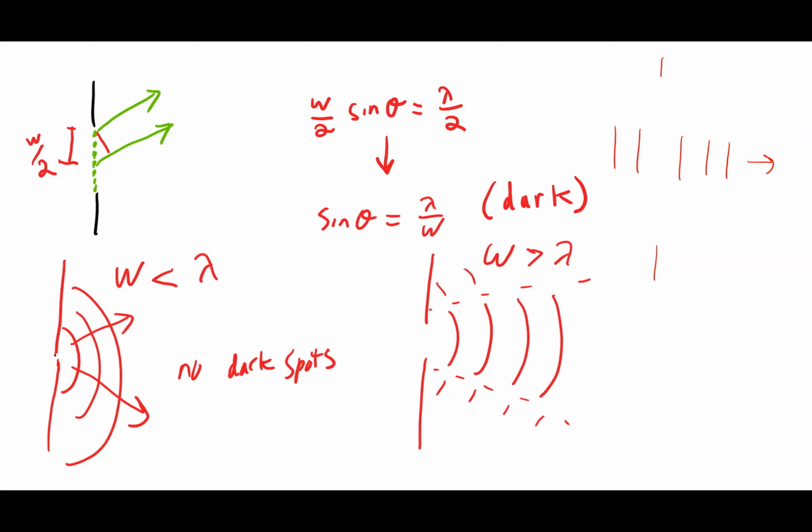The light is now spread out evenly throughout all the different angles, and it looks like a point source of light and there are no dark spots at all. If I am somewhere in between though, this is when I get those somewhat complicated diffraction patterns where I have this broad maximum and these angles that give me a dark spot. So I need a width bigger than, but still comparable to, the wavelength to see this effect.